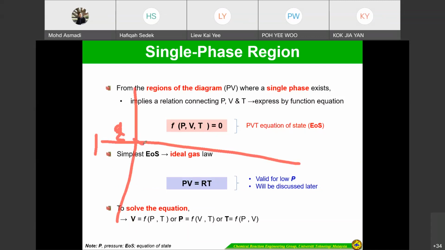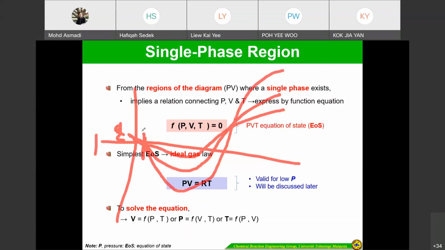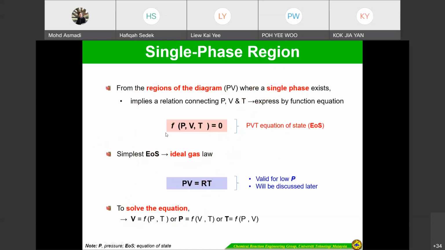Dia akan deviate. Kalau ni pressure lah, kita boleh consider dekat sini je. Tapi lepas ni, dekat sini adalah attraction, sini ada repulsion.